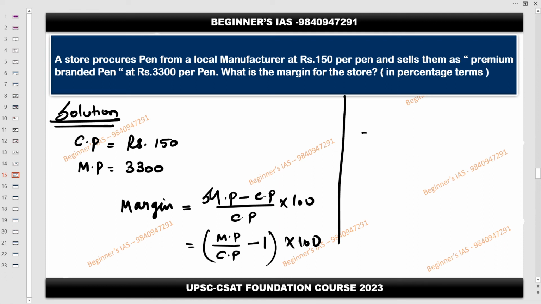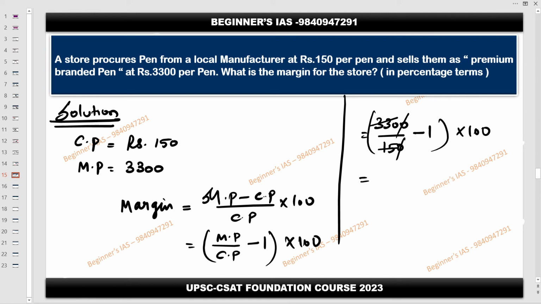Now, CP is 150 and MP is 3300. So 3300 by 150 minus 1, into 100. Then the zeros cancel, and we get 22 times.